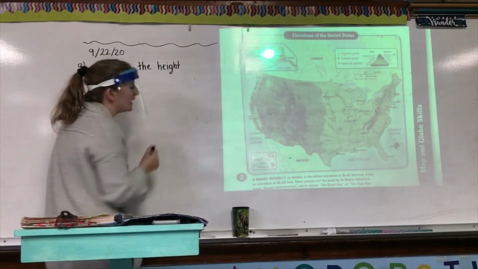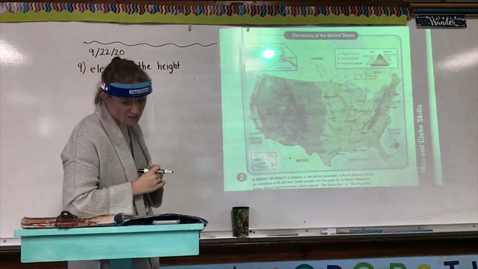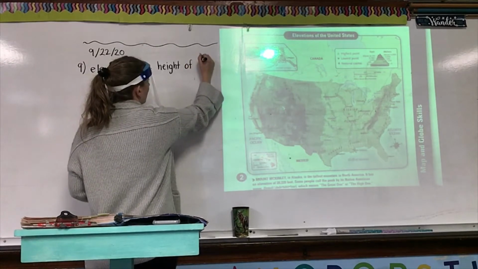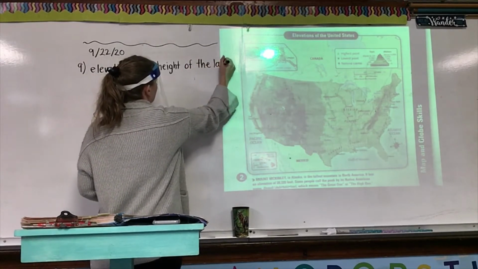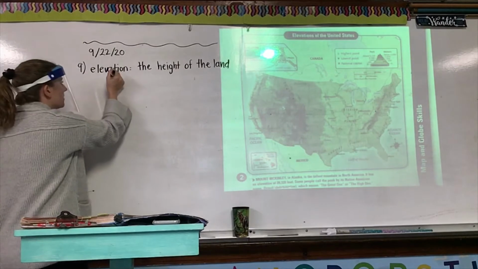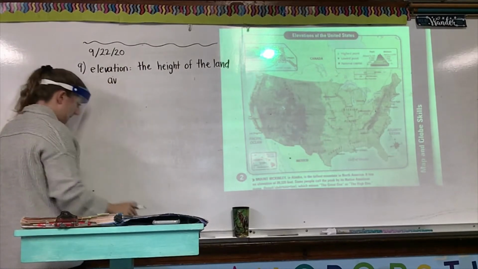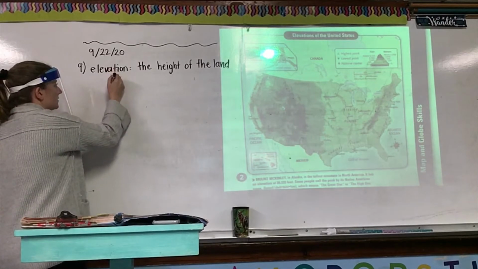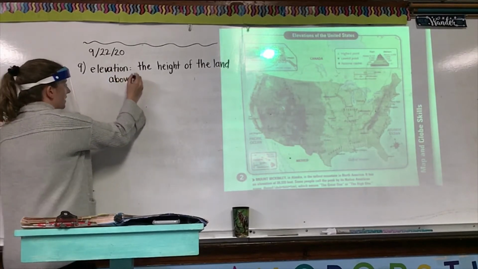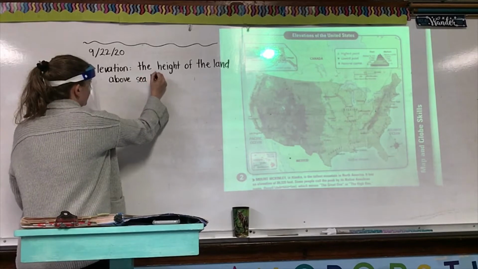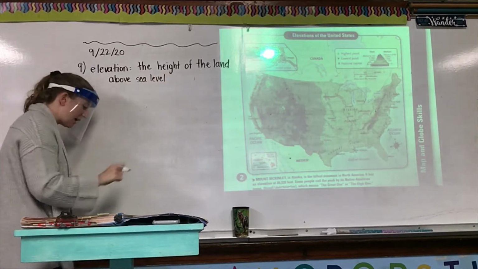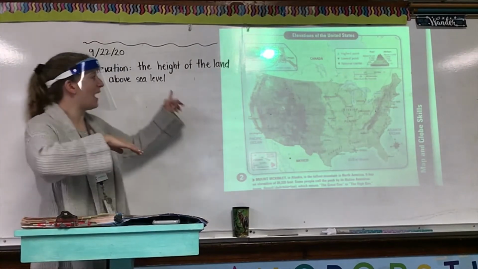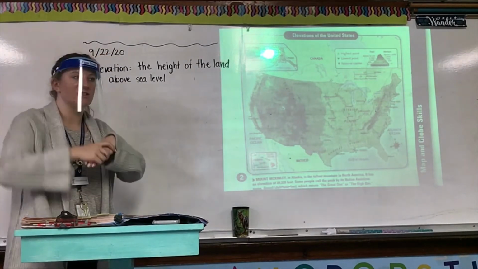Make sure you spell height right. It's a weird word. The height of the land above sea level. So basically, if sea level is 0 feet, how high is the land above sea level?